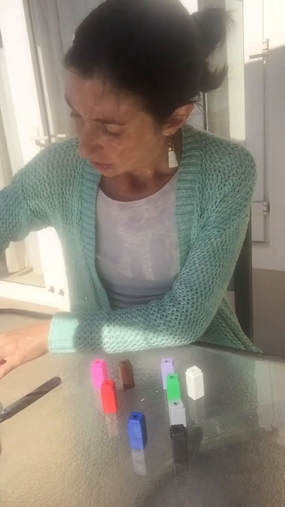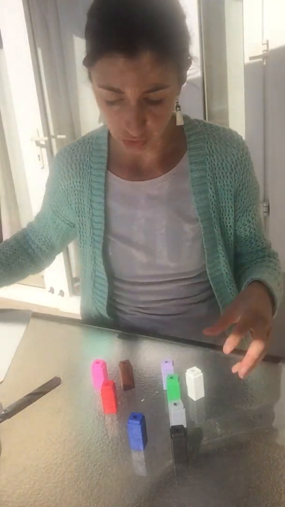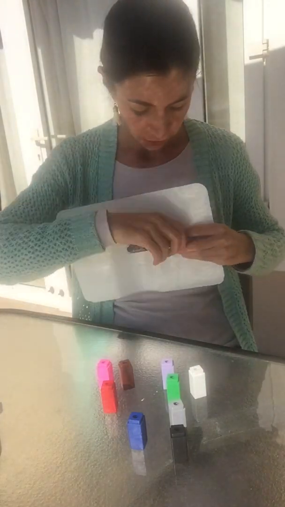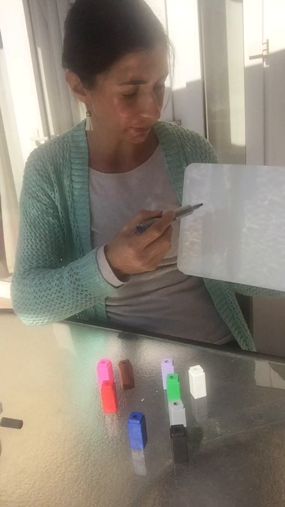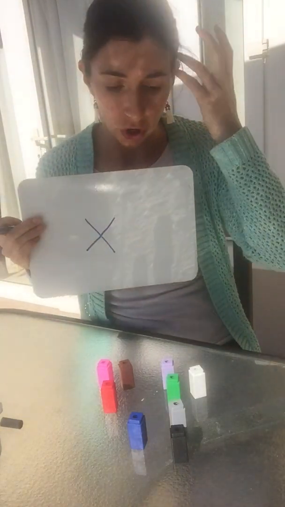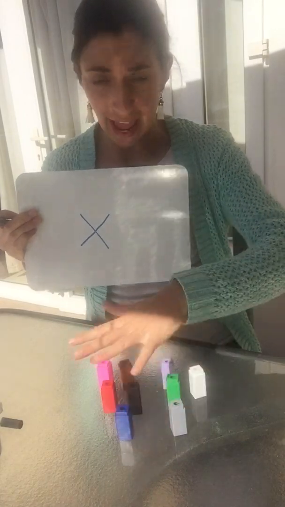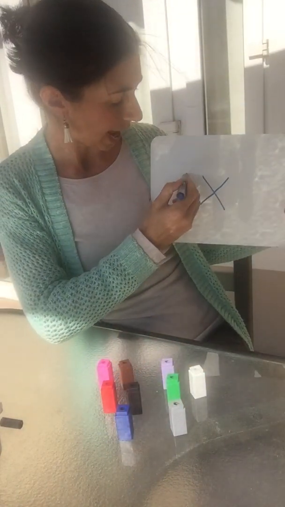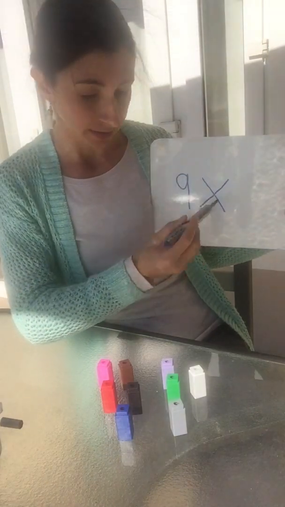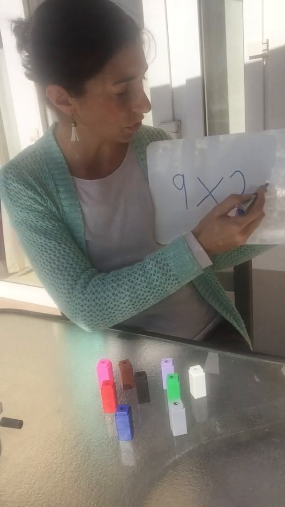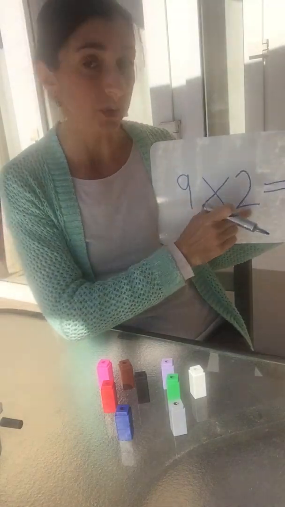And what we can do instead of all those 2 plus 2 plus 2 plus 2s is I can make a multiplication sum. So the timesing, okay? Times. So how many groups of 2 did I have here? There were 9 groups of 2. So I had 9 times, how many in each group? 2. 9 times 2. 9 groups of 2.